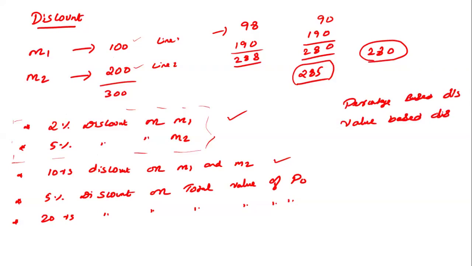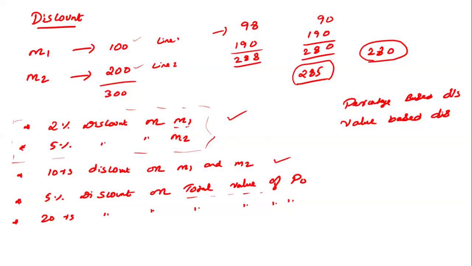One is value-based discount. And here, if you observe again, he is mentioning PO-based, a complete total value of PO or individual material. So when he is saying individual material, as per the system, the discount applies only on the item. If you remember, in SAP, when you open the PO, you have header and item.